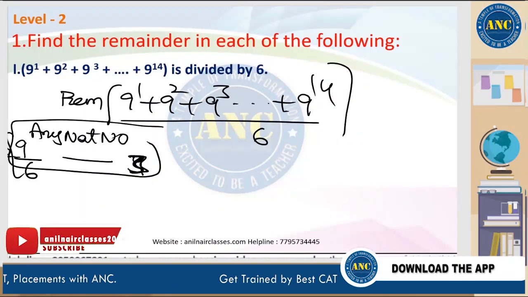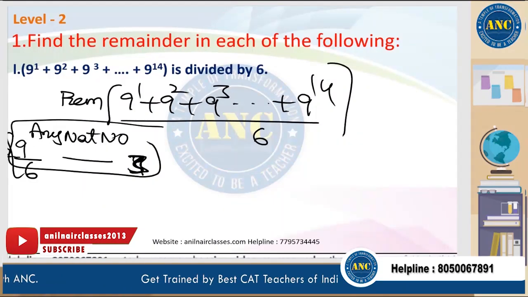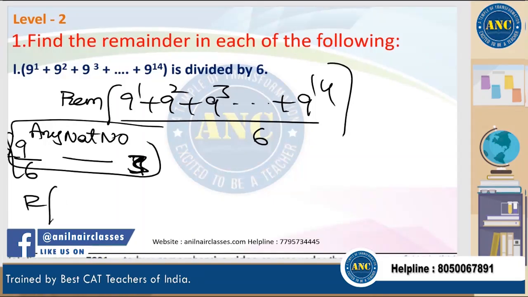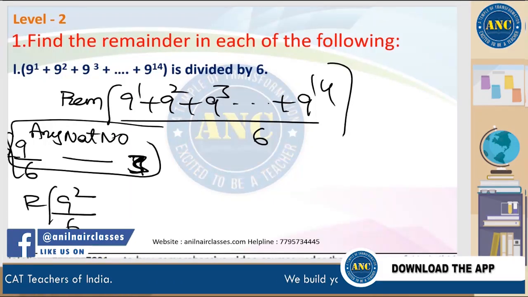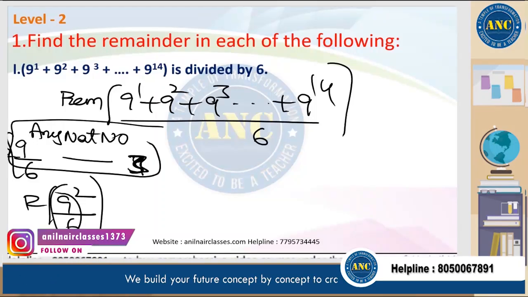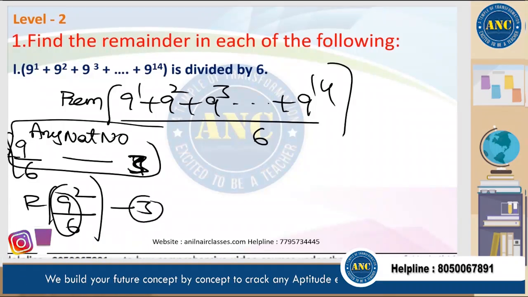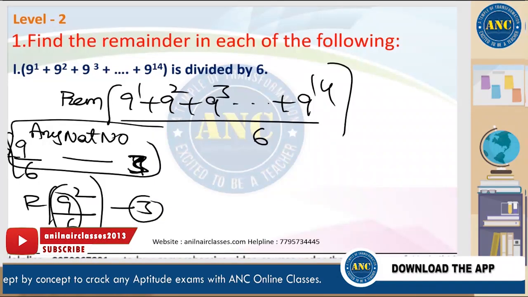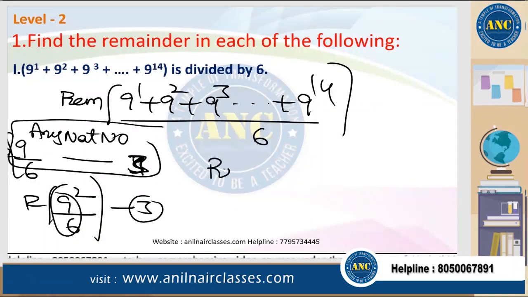9 divided by 6: 6 ones are 6, remainder 3. 9 square divided by 6: 6 ones are 6, remainder 3. So remember, 9 power any natural number when divided by 6, the remainder is 3.